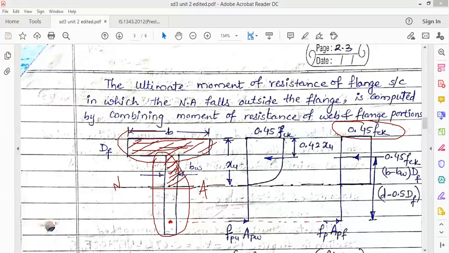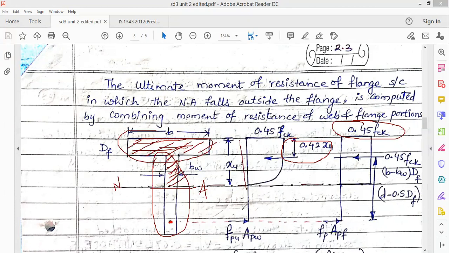But where does the compressive stress act? Here the compressive force acts for this particular part. Here it is 0.42 XU, which we have already seen.